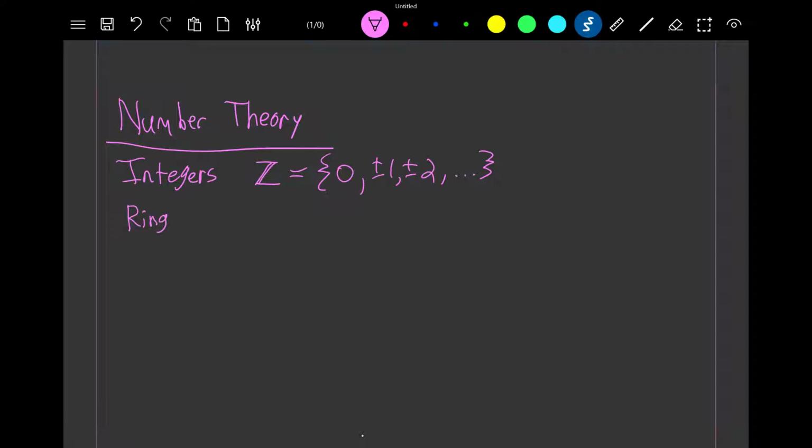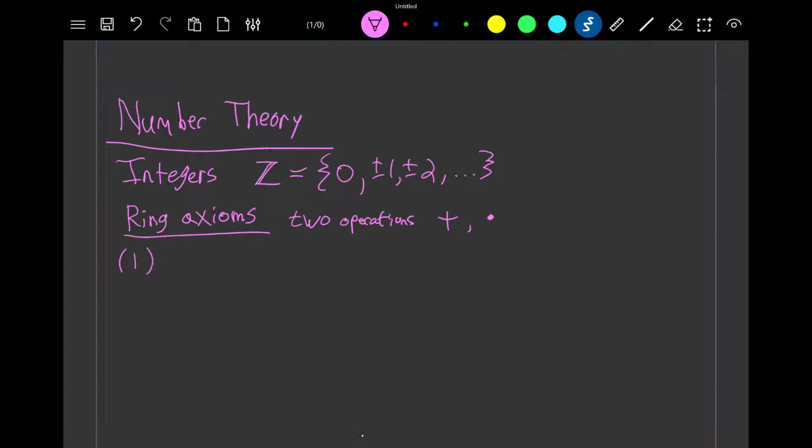And the integers satisfy the so-called ring axioms. Namely, we have a set Z along with two operations. So we have two operations that we're going to call plus and multiplication.